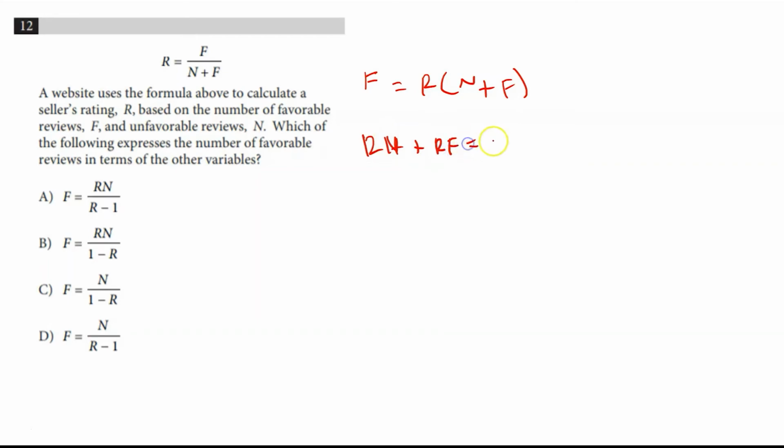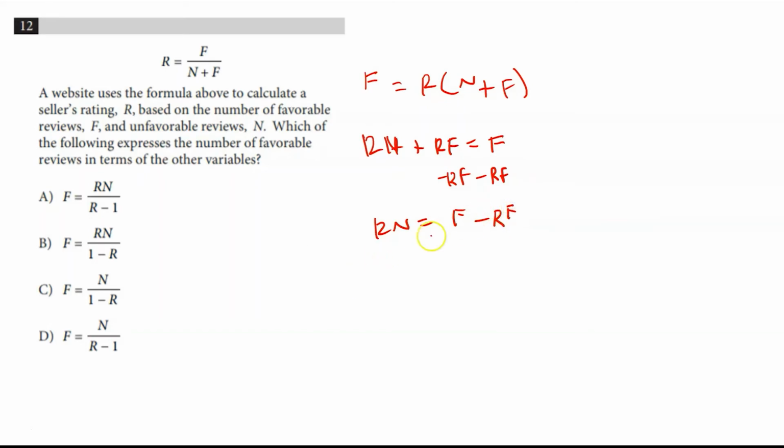Rf equals F. If we subtract Rf from each side, we get that Rn equals F minus Rf.